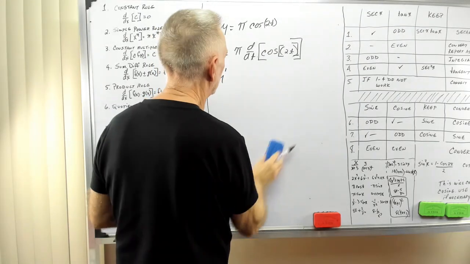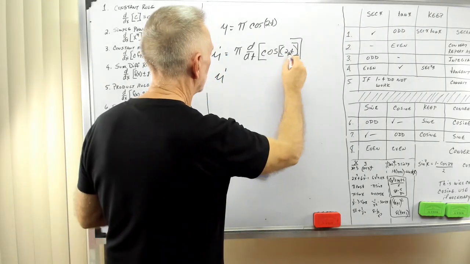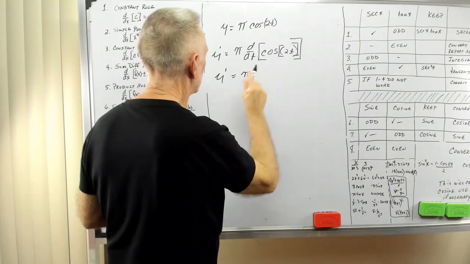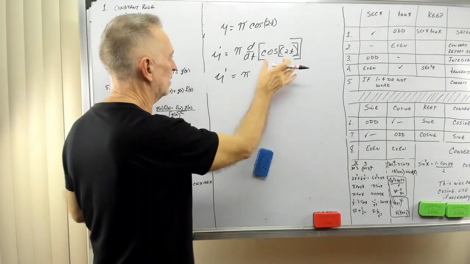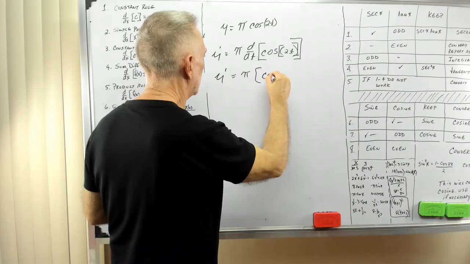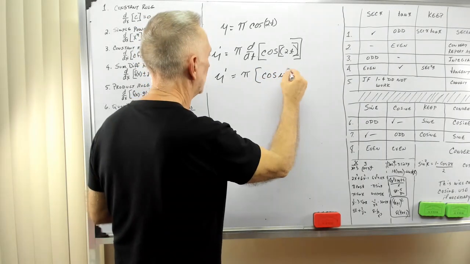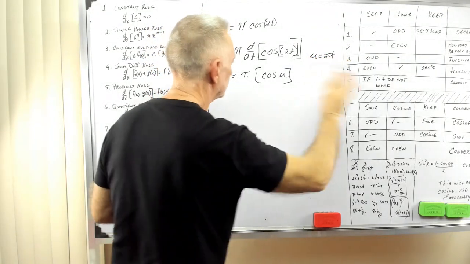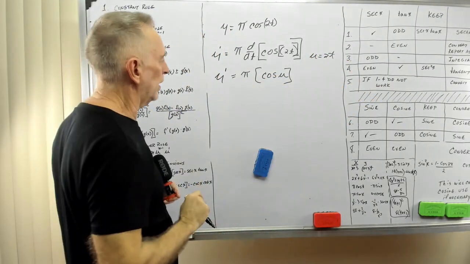I'll just pull that off here. We're going to keep our constant multiple rule, keep the pi to the outside. What's the derivative of cosine u? I'll go back to that. We'll let u equal 2t. I'm going to substitute for that.